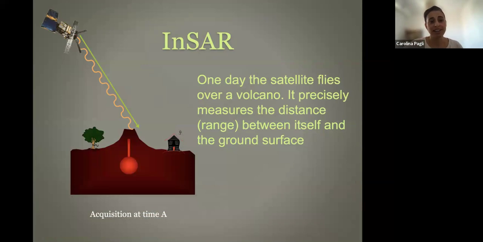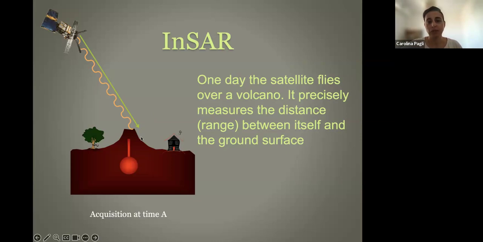If you don't know, there are SAR satellites that continuously orbit our planet, and they revisit the same area cyclically, and every time they acquire an image. So what does this image contain? Well, the measurement that the SAR satellites make is the very precise distance between the satellite itself and the surface of the Earth.